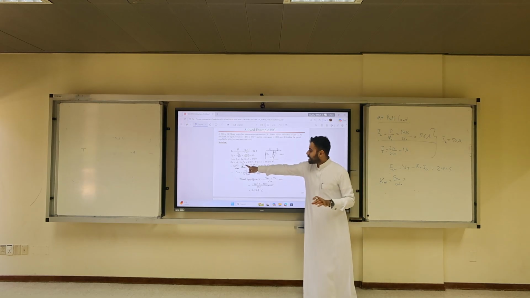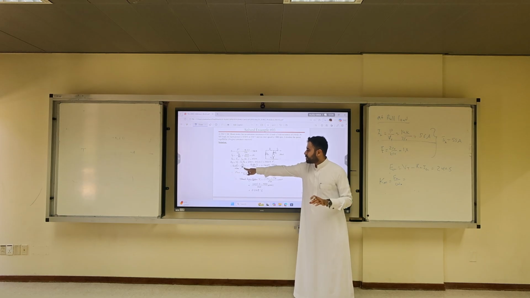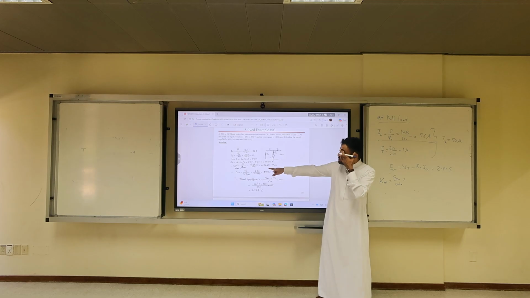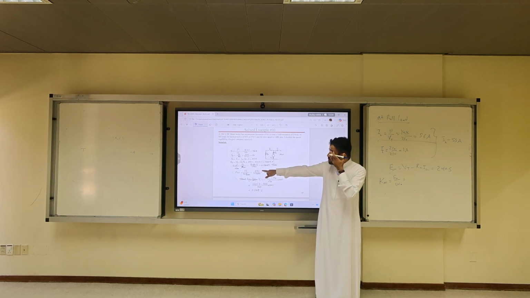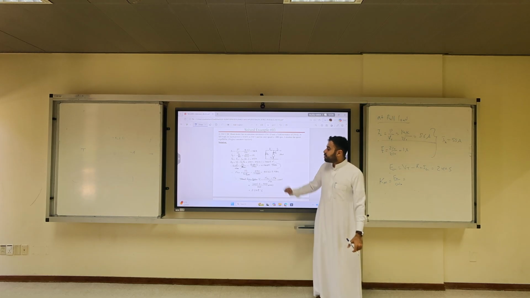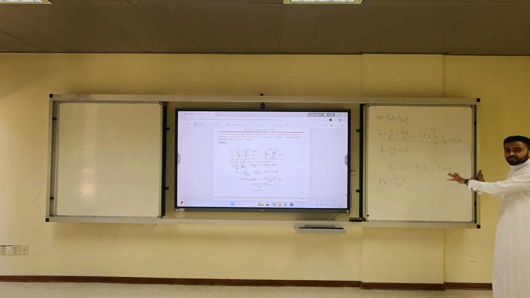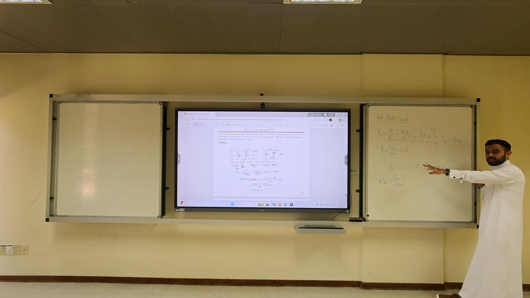Here, for example, they're using another notation, V over RPM. I'm going to solve it my method, and you're going to see this method, and you're going to understand.